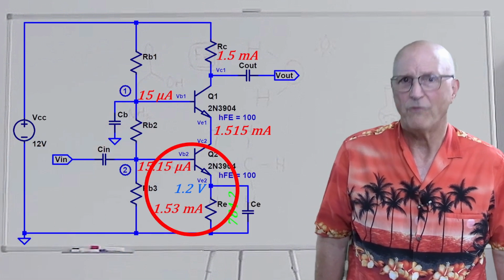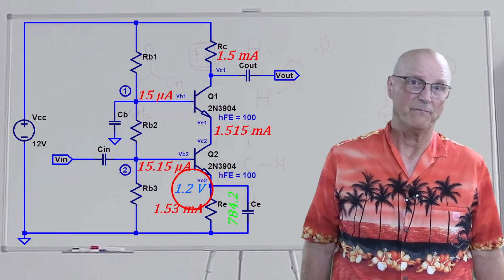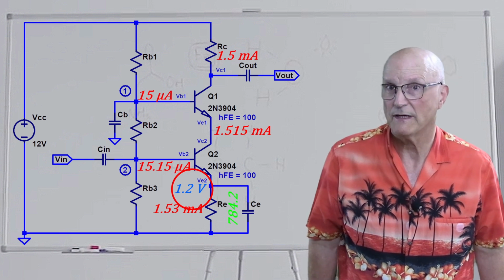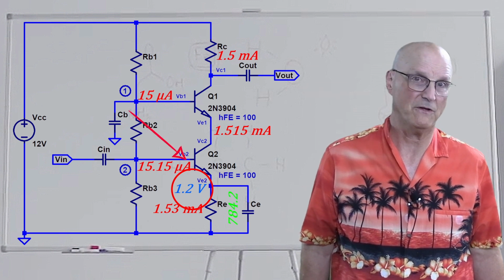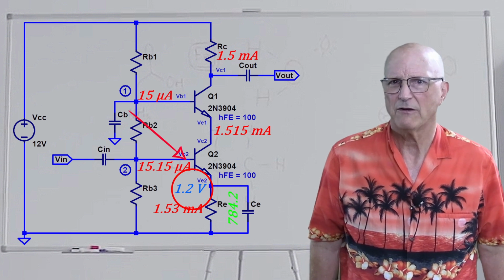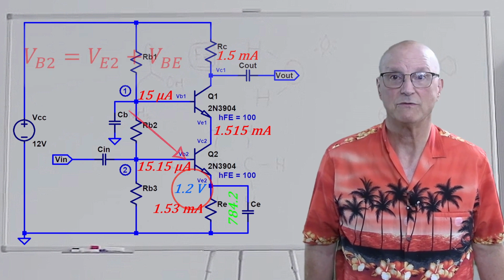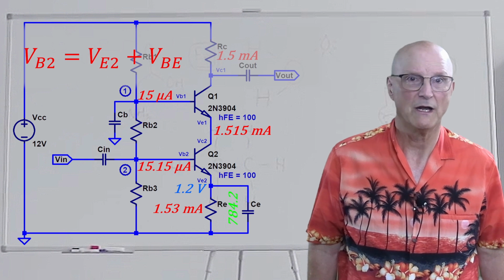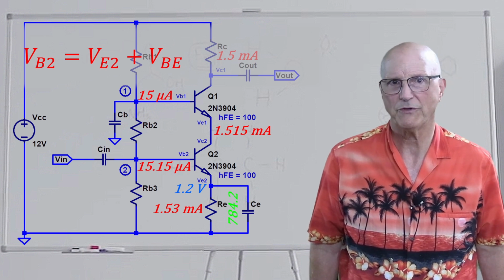Well, with this under our belts, we move to Q2's base circuit. We know the voltage on Q2's emitter. That means that we can also calculate the voltage in the base of Q2. The voltage in the base of Q2 is equal to the emitter voltage plus the base emitter voltage.